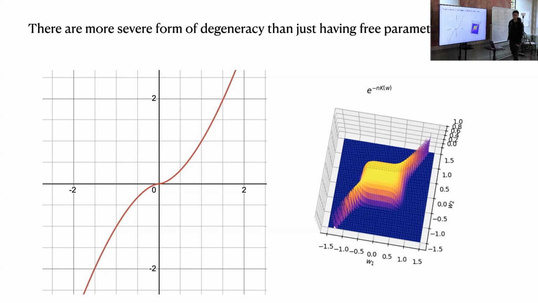And the point is that that function does not have a positive definite Hessian. The contribution to the posterior is not just from thinking about the curvature or about how large the ellipsoid is. So there is a more severe form of degeneracy happening here, and they are important because they are where the posterior concentrates.